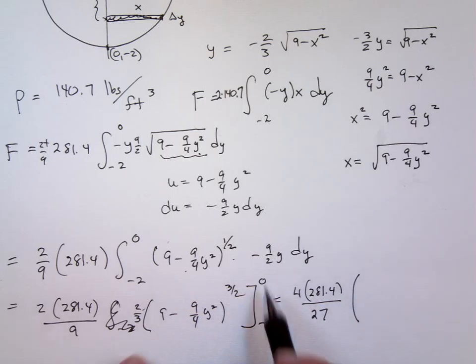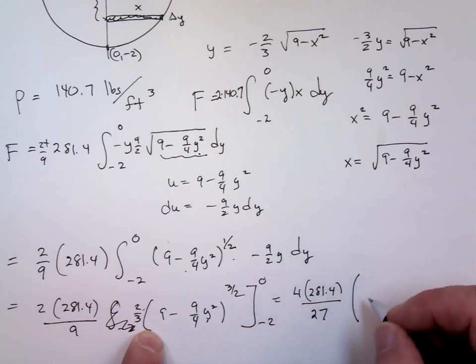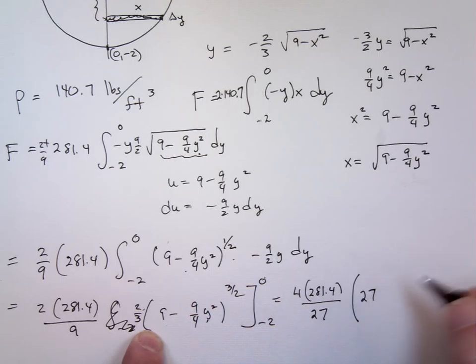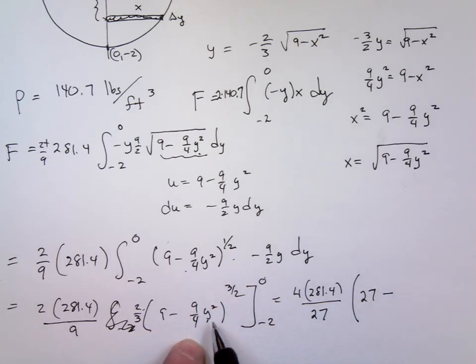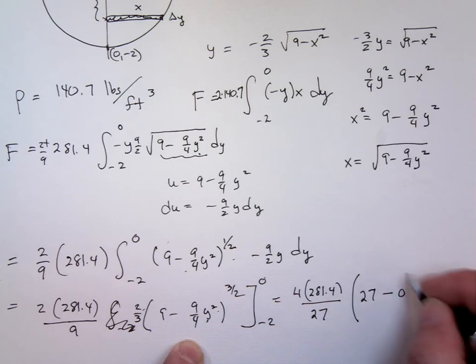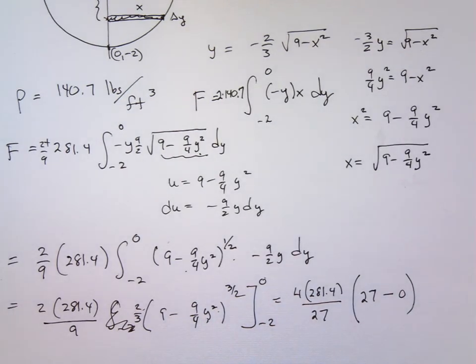I'm going to substitute in 0. I'll get 0 here. I'll get a 9 to the 3/2, and 9 to the 3/2 is 27. Wow, that's good news. Minus negative 2 squared is 4. The 4's cancel, and then 9 minus 9 is 0. Oh, man, that is awesome. And now the 27's cancel.